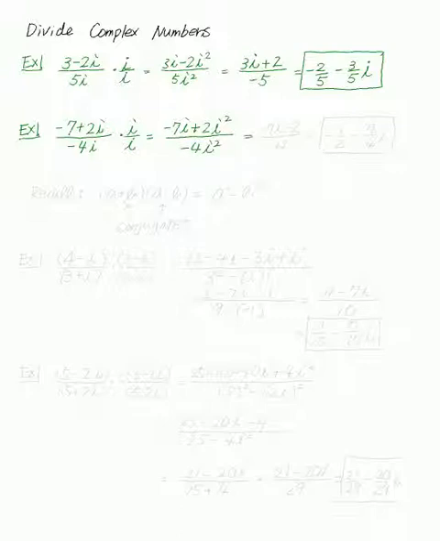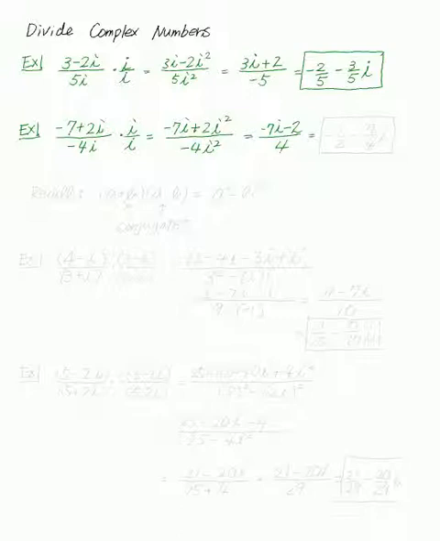Now up top, that simplifies to negative 7i minus now 2, because the i squared becomes negative 1 and changes the sign. Down below, I have negative 4 times negative 1, which just gives me a positive 4. Remember, that i squared becomes a negative 1. Now I'm going to flip it around a little and reduce my fractions.